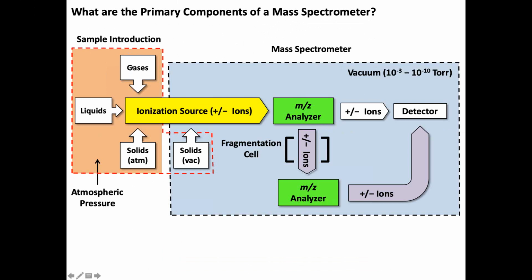In terms of sample introduction, in this day and age you can introduce gases, liquids, and solids. The solids can be introduced at atmospheric pressure, which is this orange box. You can also take solids into the vacuum system with MALDI, which we'll talk about in a bit. So a lot of the tissue imaging that you'll see, if we're doing PK/PD studies or looking at the tissue distribution of drugs, gets done with MALDI in the vacuum.